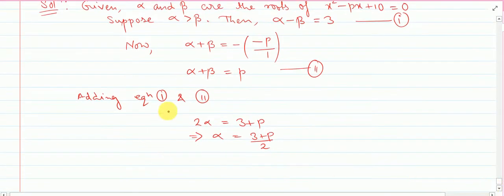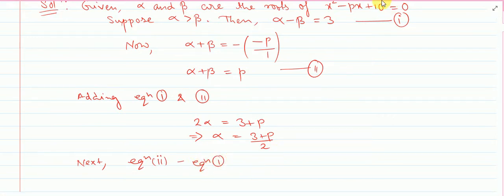And in order to find the value for beta, what we'll do is equation 2 minus equation 1. Here you can see this is alpha plus beta is equal to p.